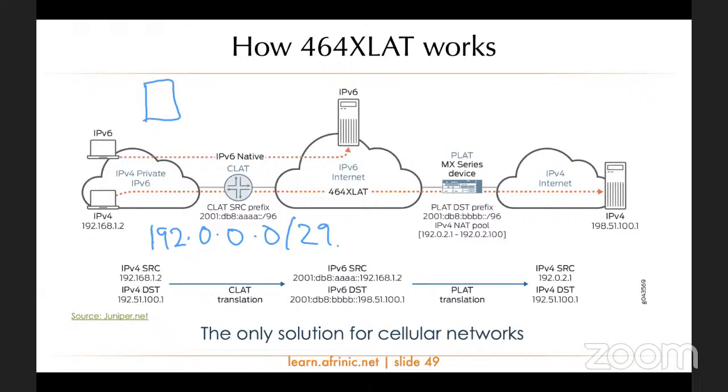This is the scenario where you'll need a v4 address. This is the pool of addresses reserved for transition techniques. Initially it was reserved for DS-Lite, but now all transition techniques can use this IPv4 pool of addresses for translation or for any transition mechanisms.